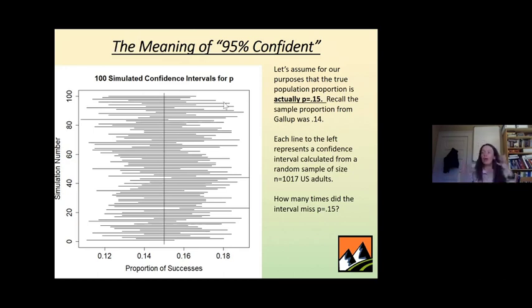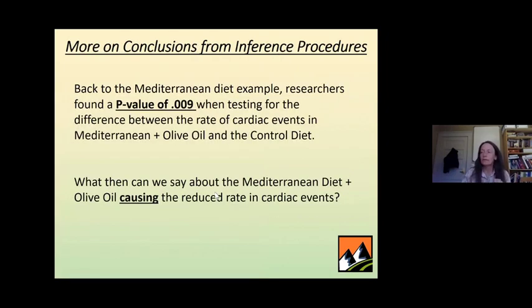Okay, so confidence intervals. We went through statistical significance and confidence intervals, and now I just have a couple of other things that I want to talk to you about, and then we'll pull everything together here. So back to this Mediterranean diet example, researchers found a p-value of 0.009 when they were looking at the difference between the rate of cardiac events in the Mediterranean and olive oil diets versus the control diet.